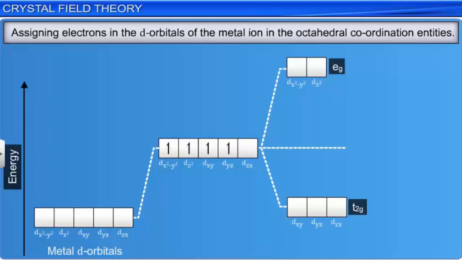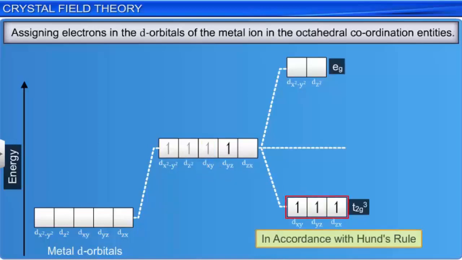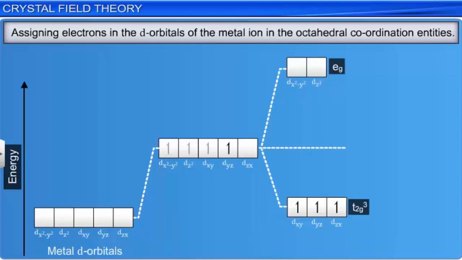However, for the fourth electron, there are 2 possibilities. The first possibility is that it may enter a T2g orbital and pair up with an existing electron there. The other possibility is that it may enter the higher Eg orbitals.